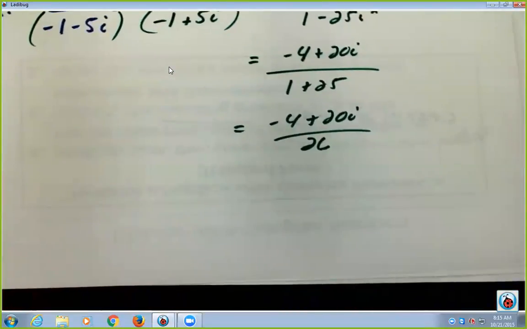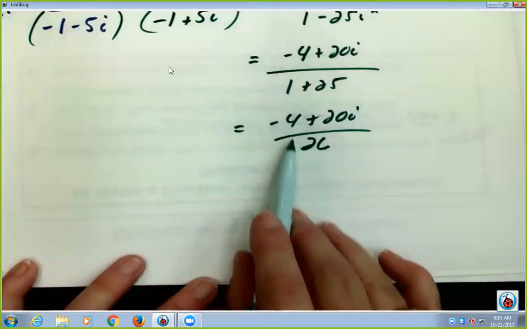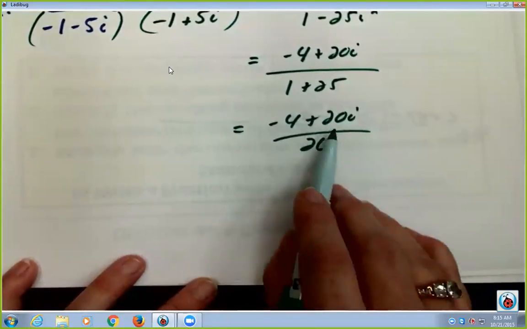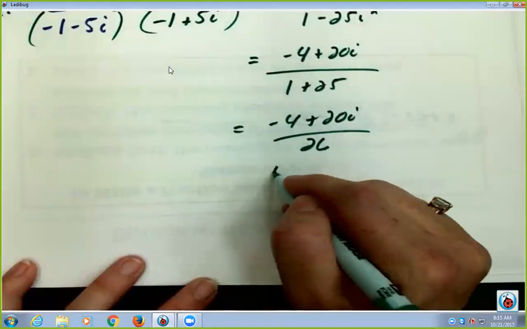But I need to simplify it. So what would I have to do to simplify it? Well, in this case, what can I pull out of the top that's common to the bottom? So I'm looking for a common factor. I could pull a 4 out of the top.